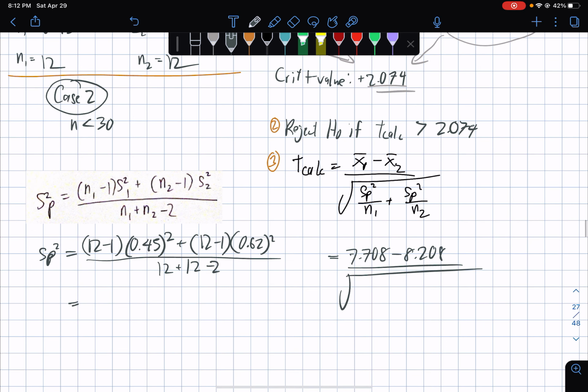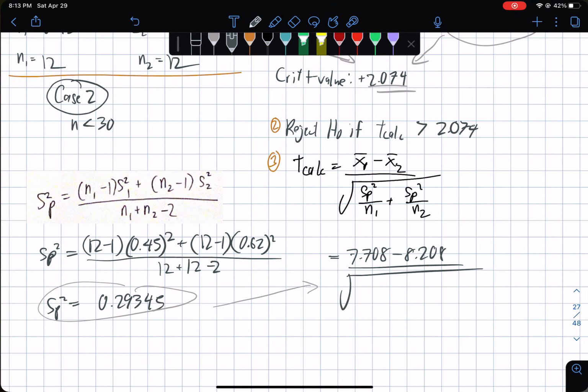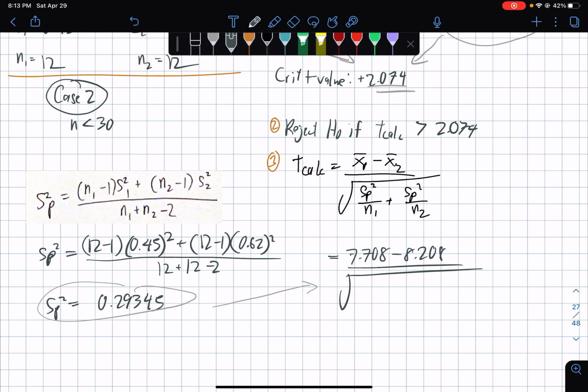So solve, calculate. Okay, they're the same.